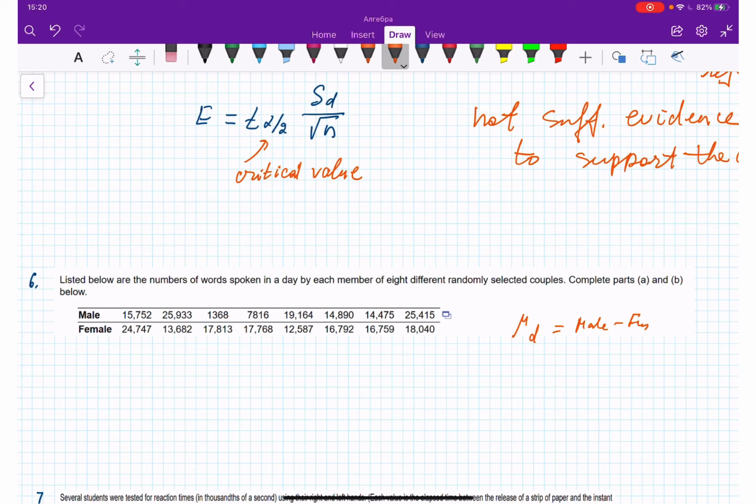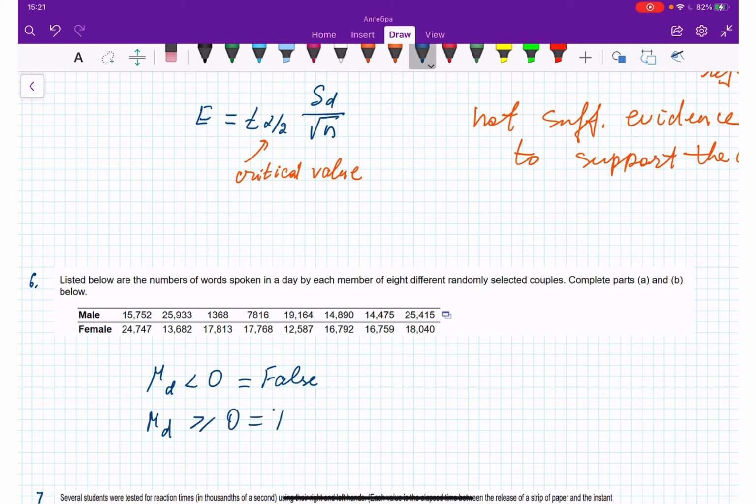Okay, so we are going to write it down the following way. If mu d less than 0 is false, then mu d is going to be greater than or equal to 0. That is going to be our true, which is going to be our null hypothesis, right?